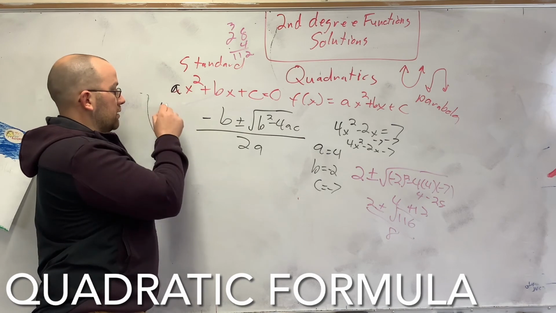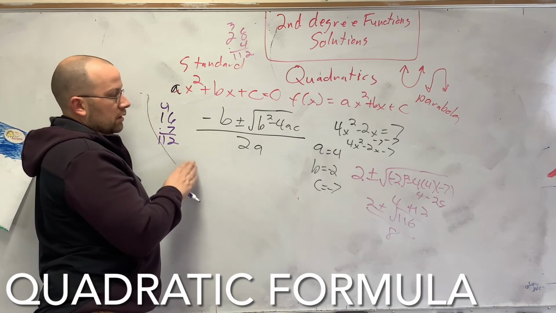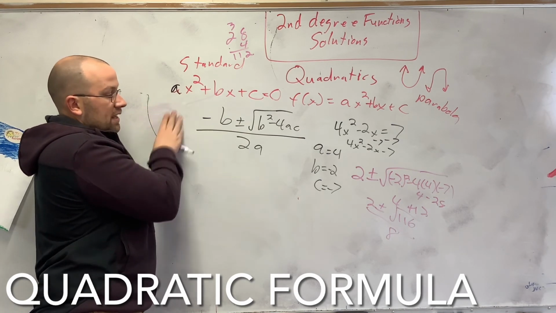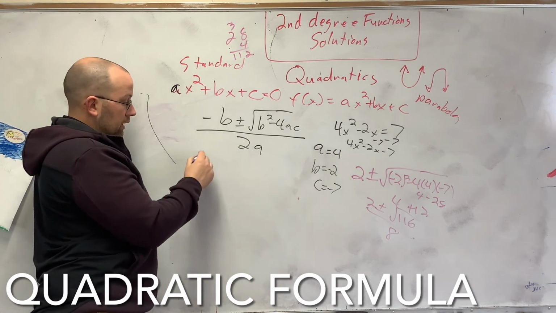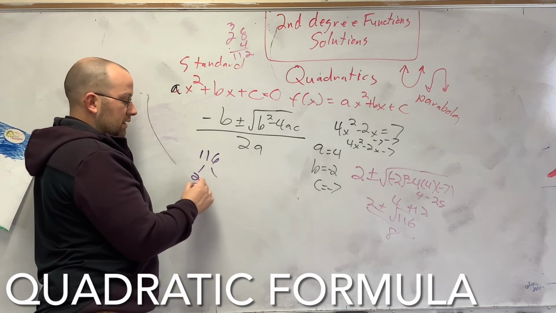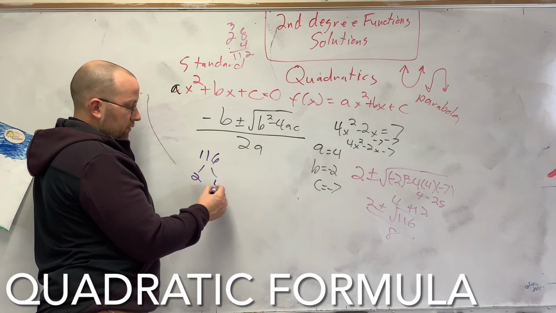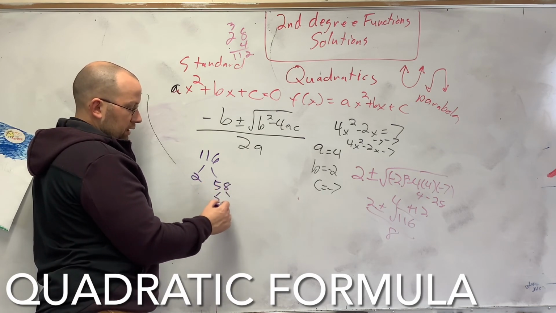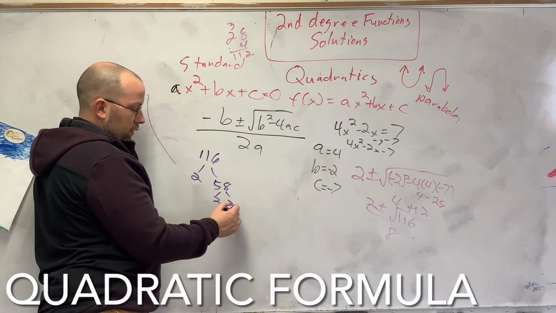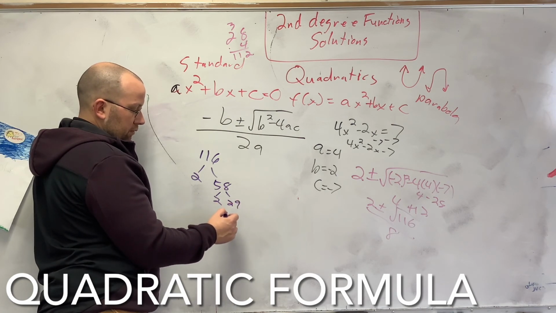I'm just checking my work real quick. I don't go through this whole thing if it's wrong, because I have no idea what the answer is. So 116 is not a perfect square, so I can break it down: 2 and 58, 2 and 29.